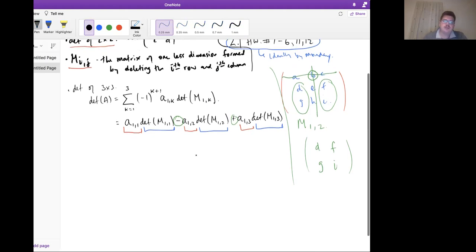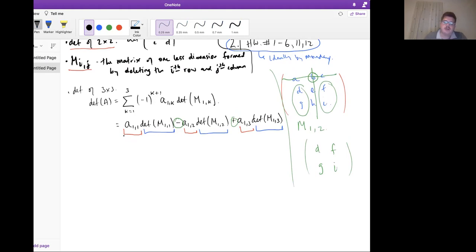One thing I wanted to correct from last time, about the minor. The minor is not the matrix, but the determinant of the matrix. So the minor of the element Aij is the determinant of that matrix.